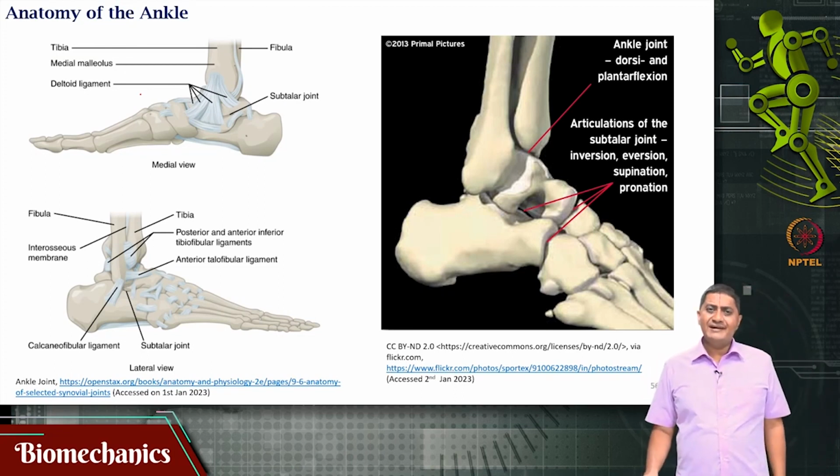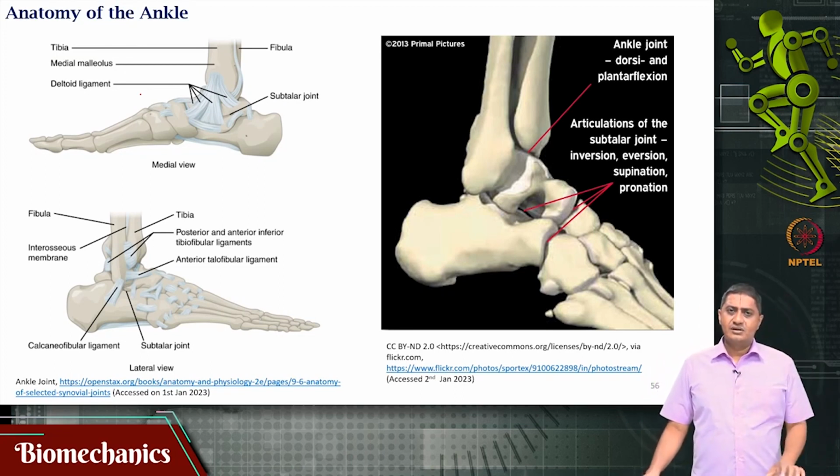So, when you say ankle joint, you are essentially referring to the talocrural joint, which is a hinge joint.